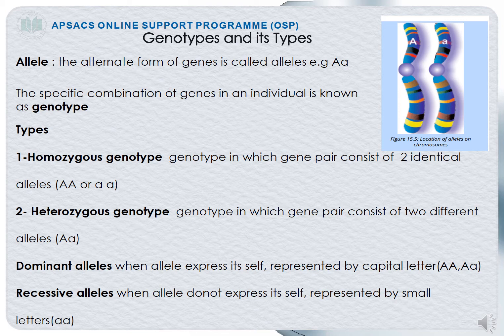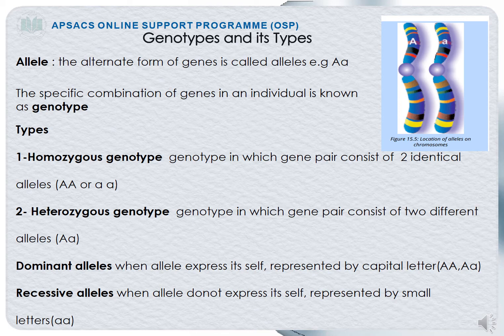So homozygous means the genotype in which the gene pair consists of two identical alleles, that you see here, capital A capital A and small a small a. This one is the homozygous dominant genotype, and this one is the homozygous recessive.